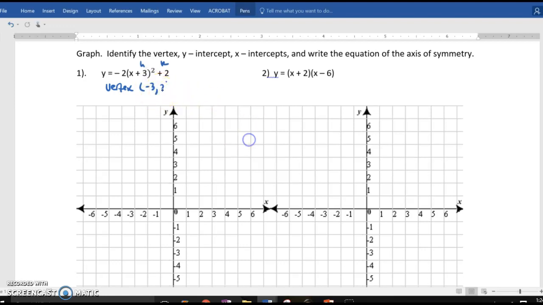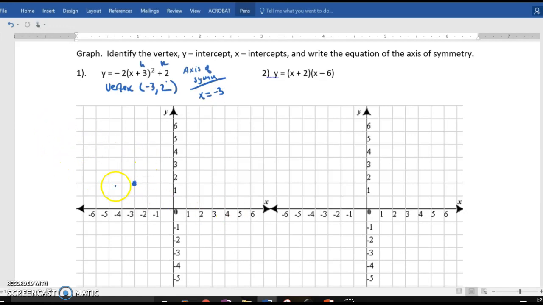So this here will be your vertex, -3, +2. Now, when you look at the axis of symmetry, you'll notice right away it is just going to be x equals h, which is x equals -3.